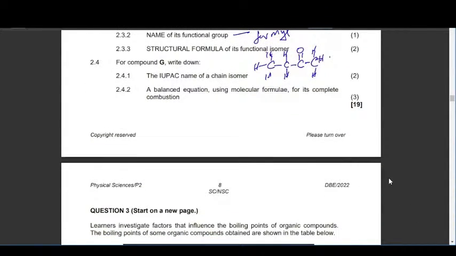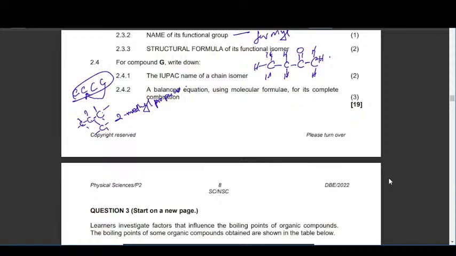It's a straight chain, but now I have to bring this here, so it becomes 1, 2, 3, then a branch. Then I put the hydrogens there. But this is not the answer, they are saying the IUPAC name. Therefore, it's going to become 2-methylpropane, which is propane with 1, 2, 3.